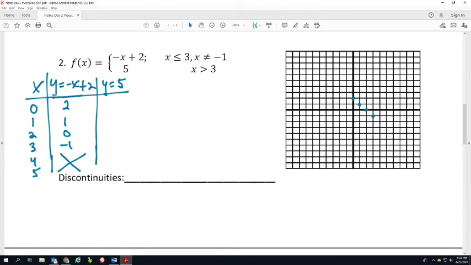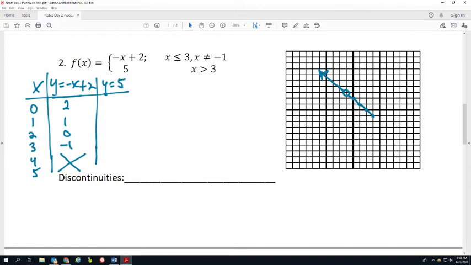The only thing is at -1, where it would normally be 4 whenever x is -1, I'm going to have an open circle right there. And then it goes forever for all the x's less than 3. So it should look something like that. But we do have a removable discontinuity right there.